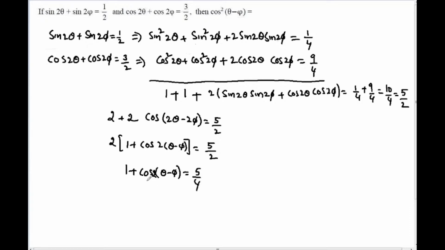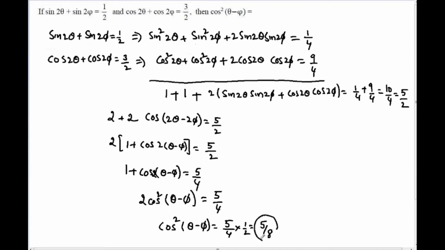We know the formula 1 plus cos 2 theta is 2 cos square theta, so 2 cos square of theta minus phi is equal to 5 by 4. Therefore cos square of theta minus phi is equal to 5 by 4 into 1 by 2, that is equal to 5 by 8. So the cos square of theta minus phi value is 5 by 8.